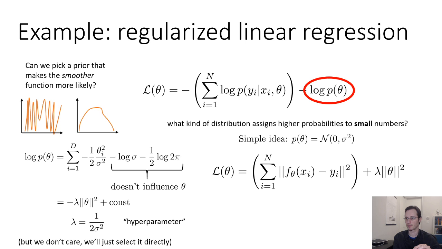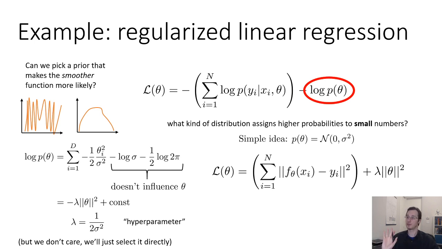So after all of this motivation, all this complexity, all we ended up with is the same objective we had before, the sum of these squared errors, and all we've done is add lambda norm theta squared to it. That's it.